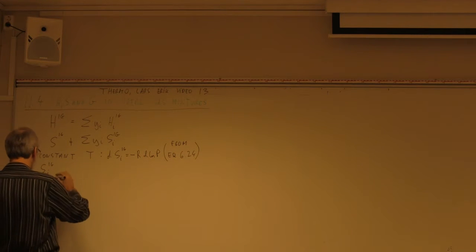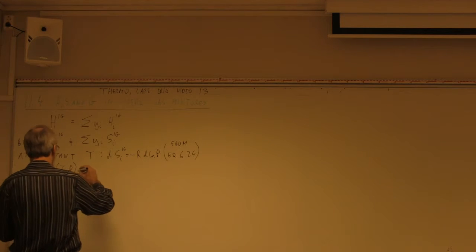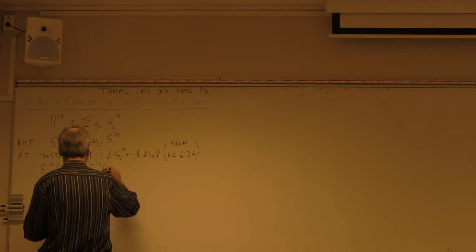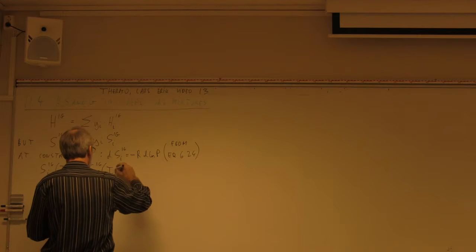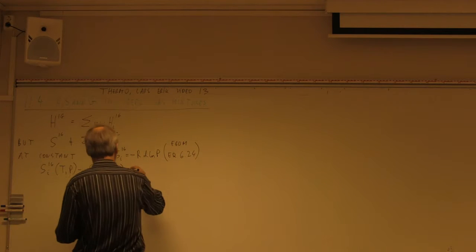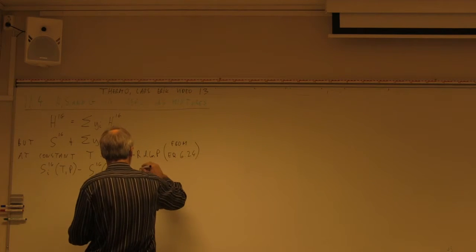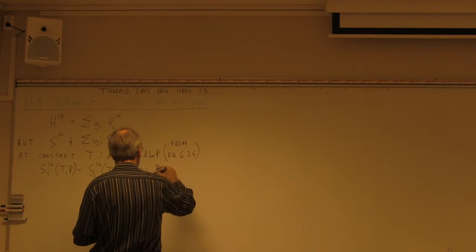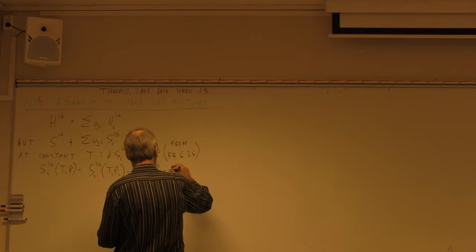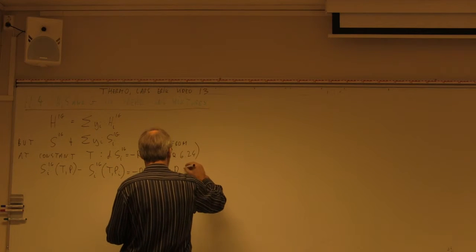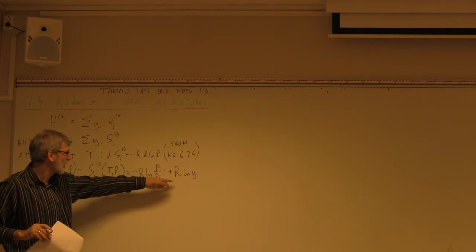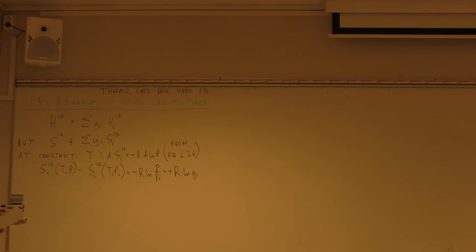Then the ideal gas entropy minus the ideal gas entropy for the pure component pressure is minus R ln P over the pure component pressure, and Pi over P is the mole fraction.